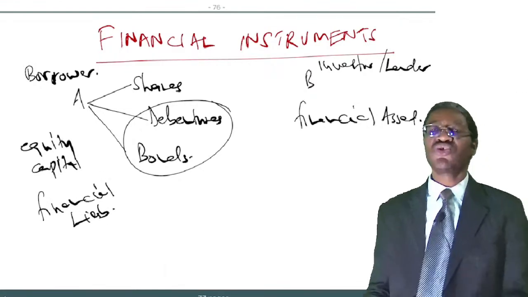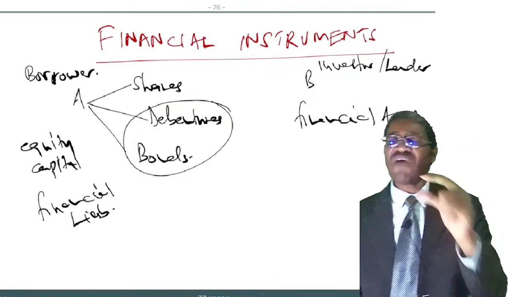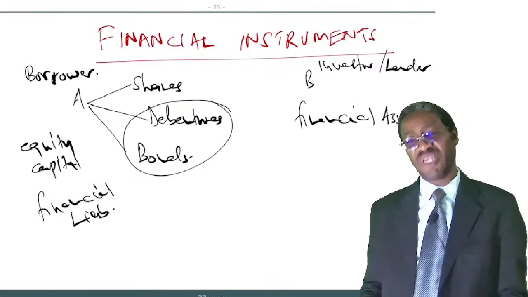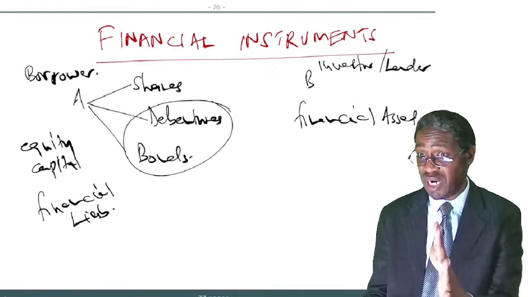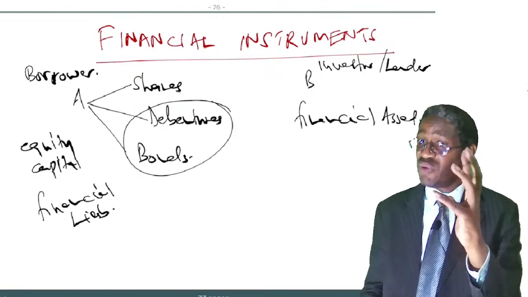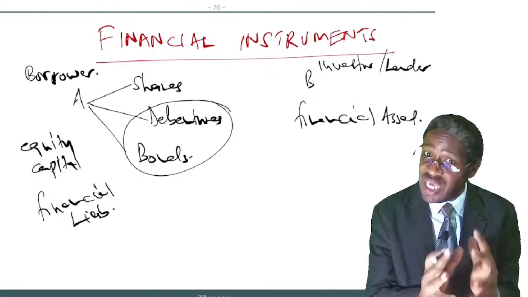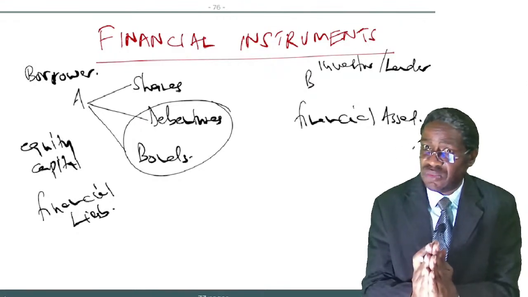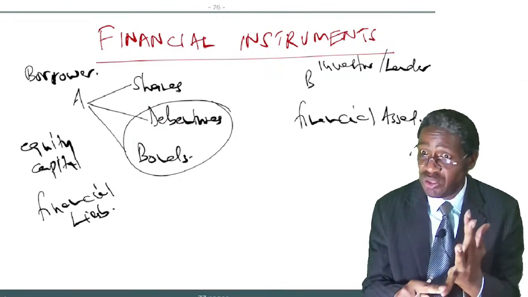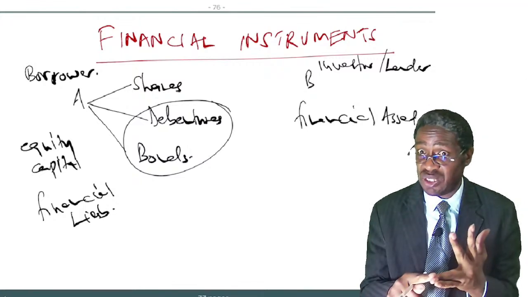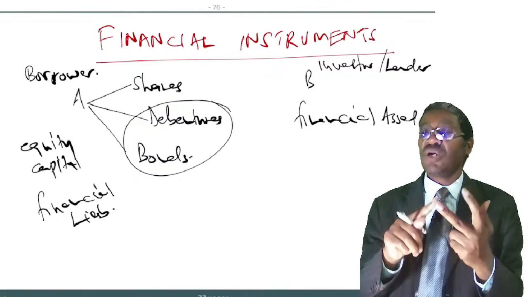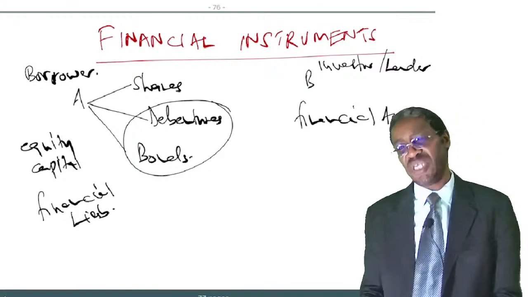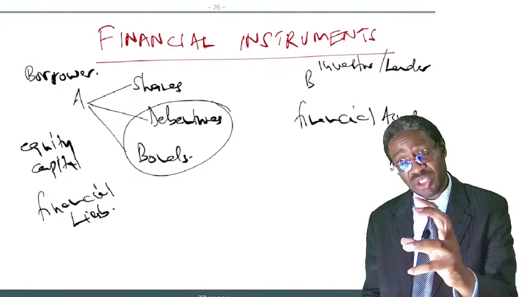Why? Because you, company A, have an obligation to pay back the 20 million. You have an obligation to pay back whatever the amount. So that's why we are saying to company A, it creates a financial liability if you issue bonds or if you issue debentures. It can also create equity capital if you, company A, issued shares.